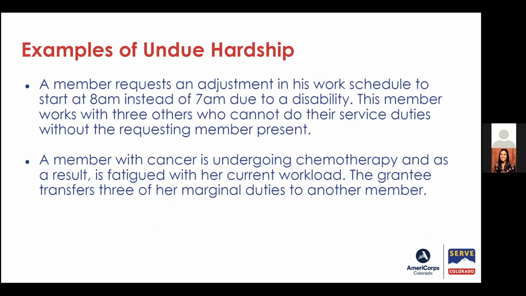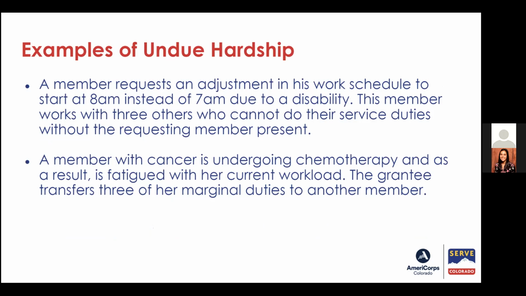So here are a few examples, since it is kind of a gray area. So example 1, a member requests an adjustment in his work schedule to start at 8 a.m. instead of 7 a.m. due to a disability. This member works with 3 others who cannot do their service duties without the requesting member present.